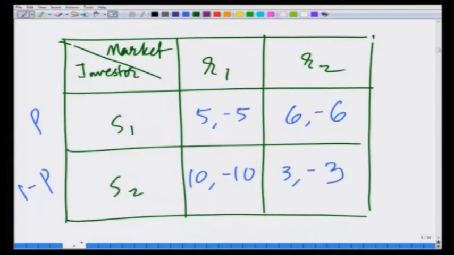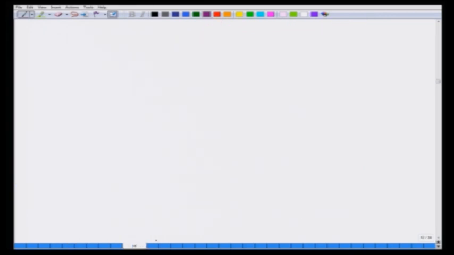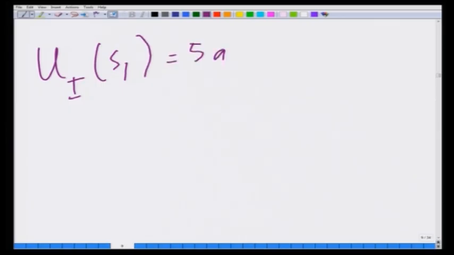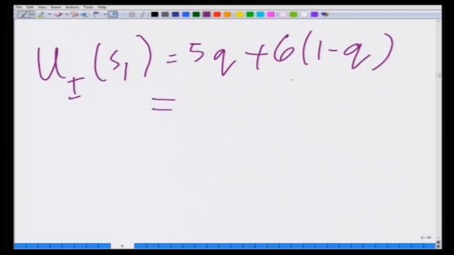Now, we can also find the mixed strategy employed by nature. Let us say nature is mixing with probability q and 1 minus q. If the investor is always choosing stock 1, his return is 5 times q plus 6 times 1 minus q, which is equal to 6 minus q.